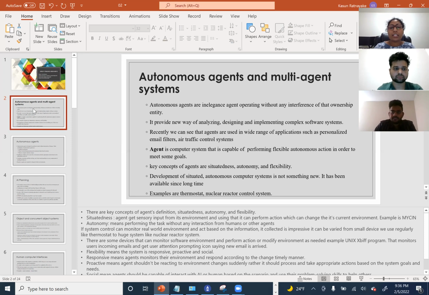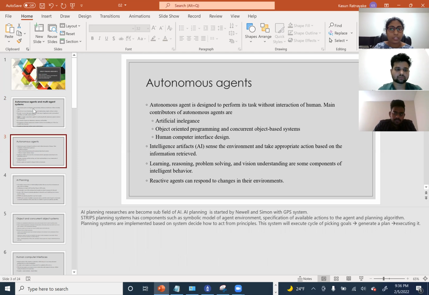There are some examples of autonomous agents we meet in our day-to-day life, like the thermostat that we use, and also a nuclear reactor control system. Autonomous agents are designed to perform tasks without interaction of humans, as we discussed earlier.